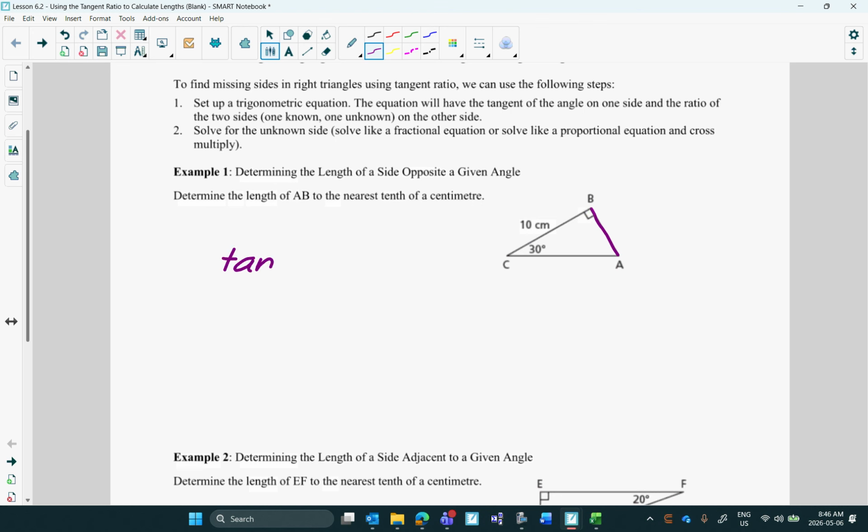What's the angle we're given? 30 degrees. Equals the opposite side, right? What side is opposite to 30 degrees? AB, right? The one we're trying to find? Over, what's the adjacent side? 10.